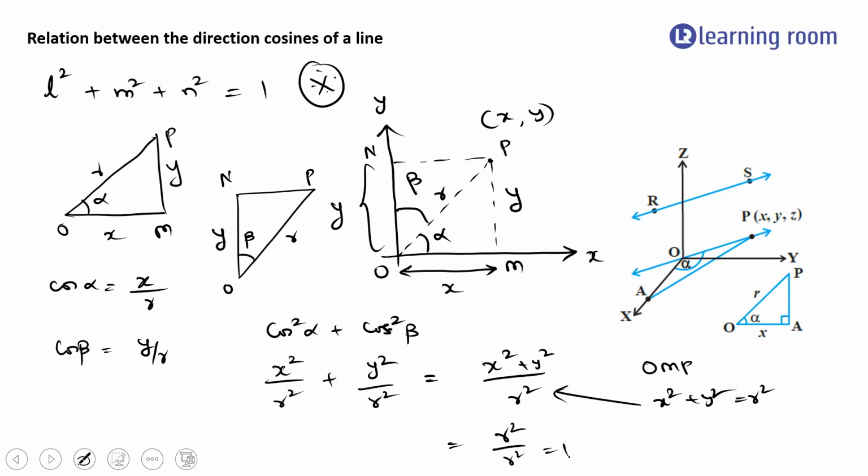So L square plus M square is 1, extending into 3-dimensional will give you L square plus M square plus N square as 1. Is that point clear? So this is the proof. The reason I didn't explain it with 3-dimension is that it is exactly like 2-dimensional. Make a note of this. Good.